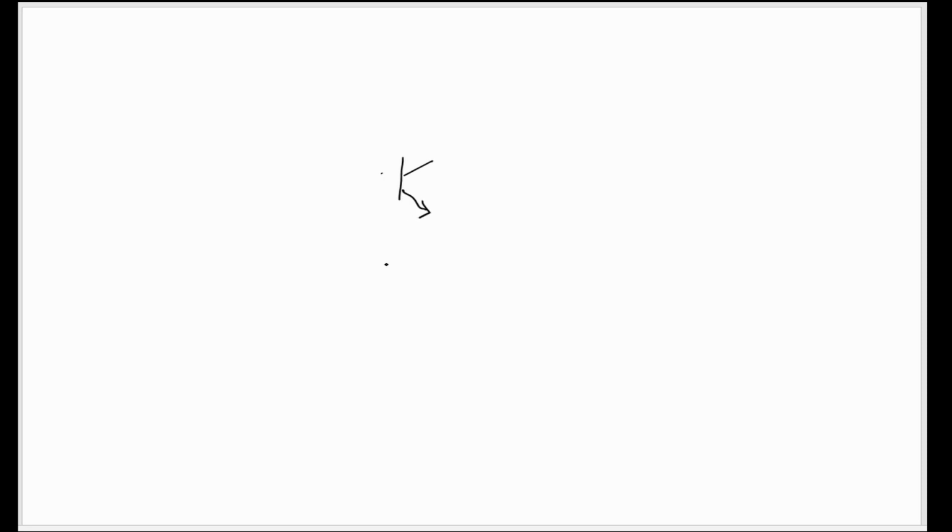So this is an NPN transistor and this is PNP transistor and this is the emitter. So the emitter of NPN transistor should be connected to the emitter of PNP transistor like this, and the center point is connected to load, and other end of the load is grounded.